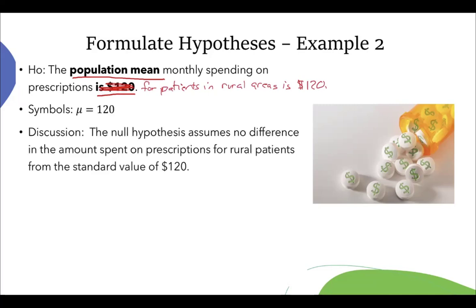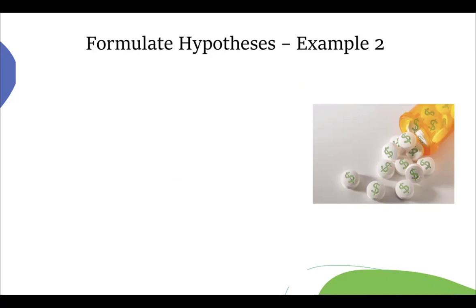And what this means is there is no difference in the amount spent on prescriptions for rural patients from the standard value of 120. 120 is the population mean, and it's the same for rural patients, 120. So our null hypothesis states what's currently believed to be true. Now, if we look at the counterclaim, the alternative hypothesis, this is where we start to indicate the direction.